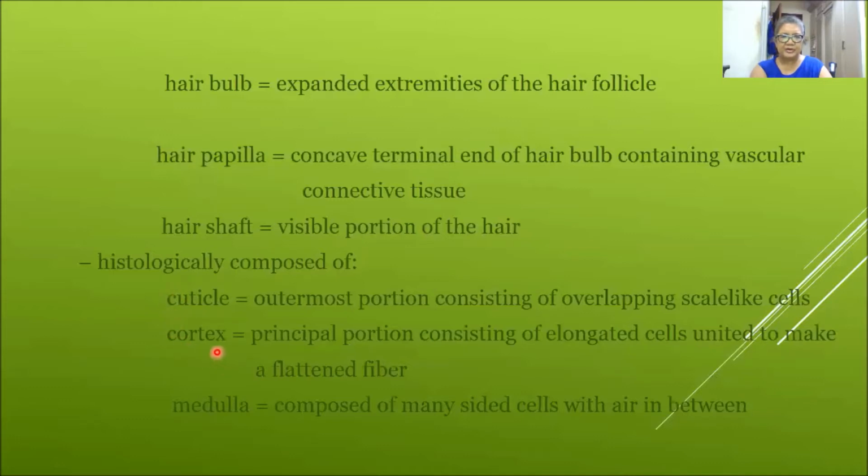Then you have the cortex, which is the principal portion consisting of elongated cells united to make a flattened fiber. Then the medulla is the innermost portion of the hair, composed of many-sided cells with air in between.